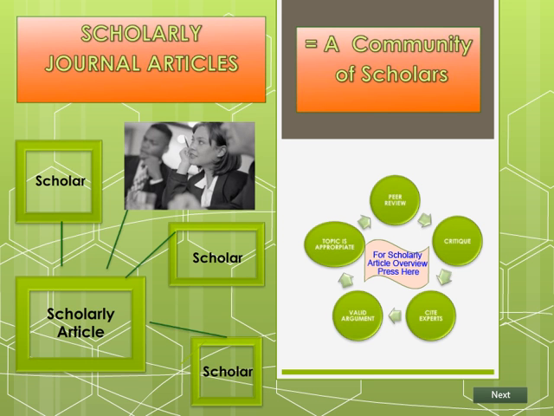Scholarly journals enable scholars to communicate their research with other scholars in the field. What makes scholarly journal articles different than popular publications? Well, it's the peer review process. This process enables a scholar to get his peers to read and critique the work.